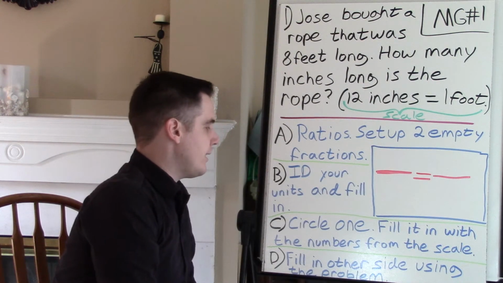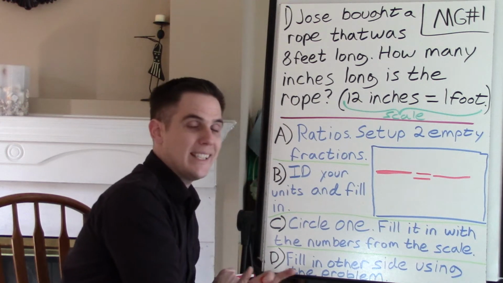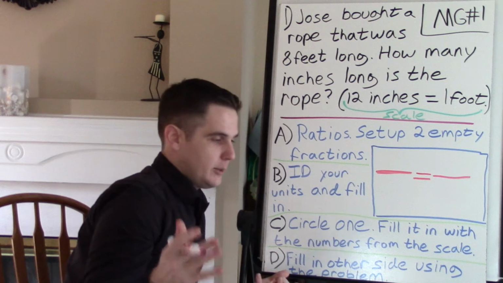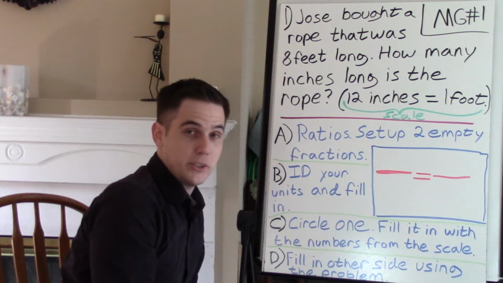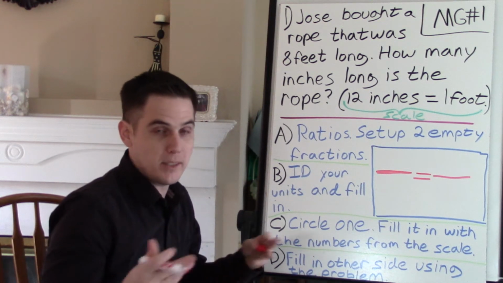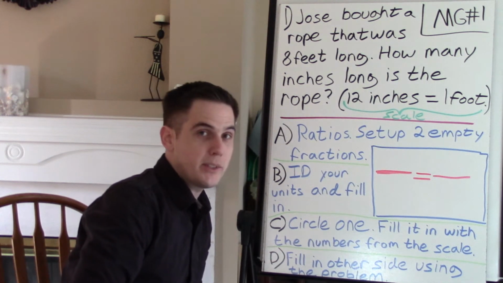So how we do that is first ID your units of measurement and fill them in. Units of measurement are like inches, feet, miles, liters, kilometers, grams, pounds. Anything like that. That thing that tells you whether you're talking about distance, weight, height, volume, all that stuff. Those are your units of measurement.